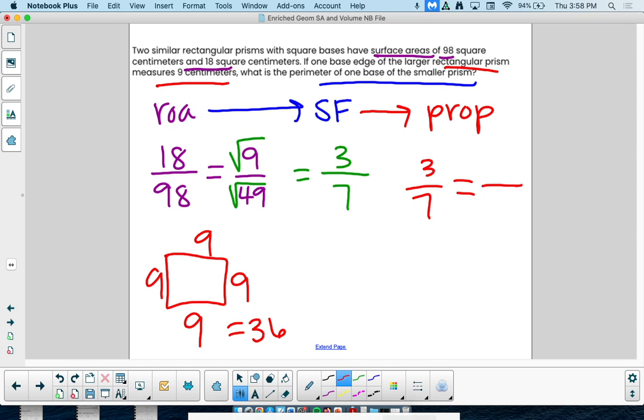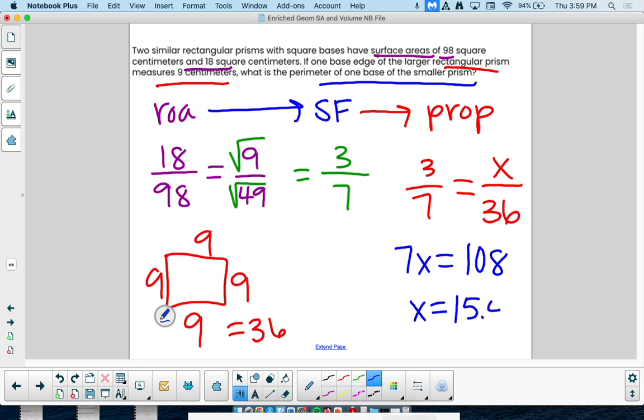So now I can finish my proportion. We're looking for the perimeter of the smaller base, and we know the perimeter of the larger one's 36. And then we just simply cross multiply. So 7x equals 3 times 36, which is 108. Divide out, and we should get 15.4 centimeters.